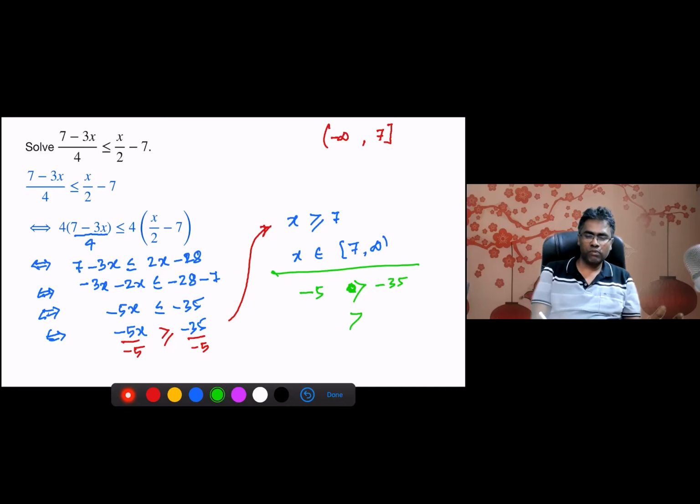Positive 1, right? What do you get on the right-hand side? Positive 7. Now is 1 greater than 7? No, sir, 7 is greater. That is why we flip the sign. Whenever you are dividing or multiplying by a negative number on both sides of the inequality, you have to flip the sign of the inequality. Understood, sir. Catch the point? Okay.